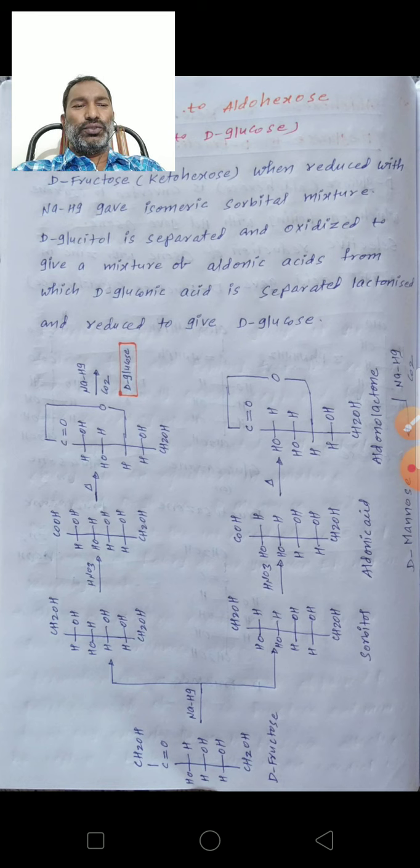When reduced with sodium amalgam, it gave an isomeric sorbitol mixture.